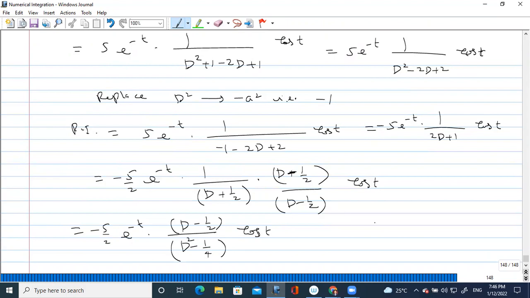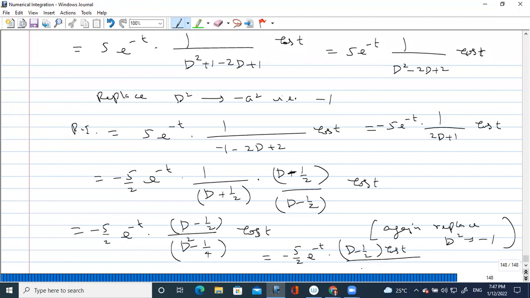So again replace D square equal to minus 1, so that will be minus 5 by 2 e to the power minus t into D minus half cos t divided by minus 1 by 4. So note down this.